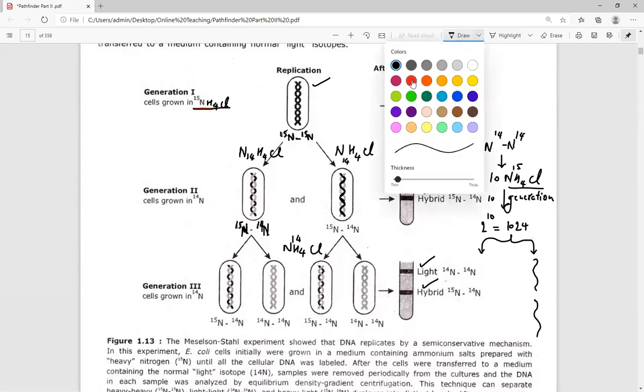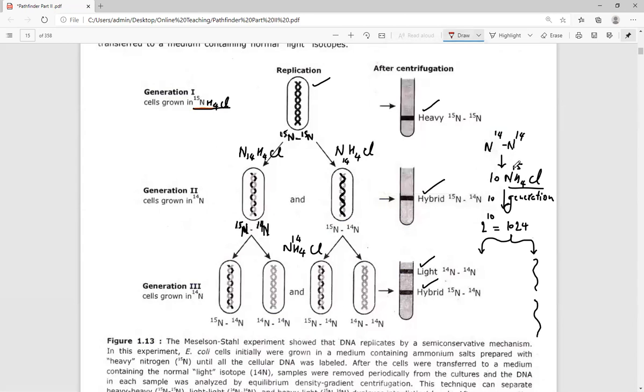Okay. So I'm labeling N15 as red. The other strand will be N15 type. This strand will be N15 type, while all other strands will be N15 type. That means out of 1024, 1022 will be N15, N15 type.